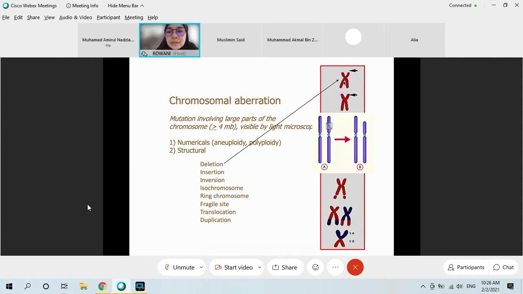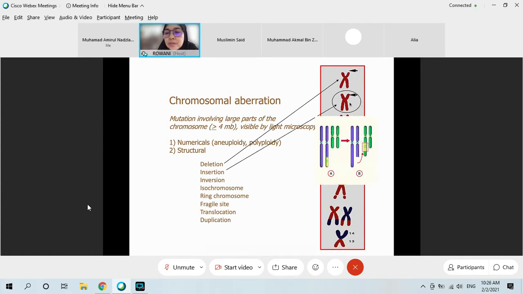Then insertion, if there is additional chromosomal material being inserted into the chromosome. In this case, part of the first chromosome is inserted into the second chromosome, the green chromosome, resulting in one of the green chromosomes being longer.